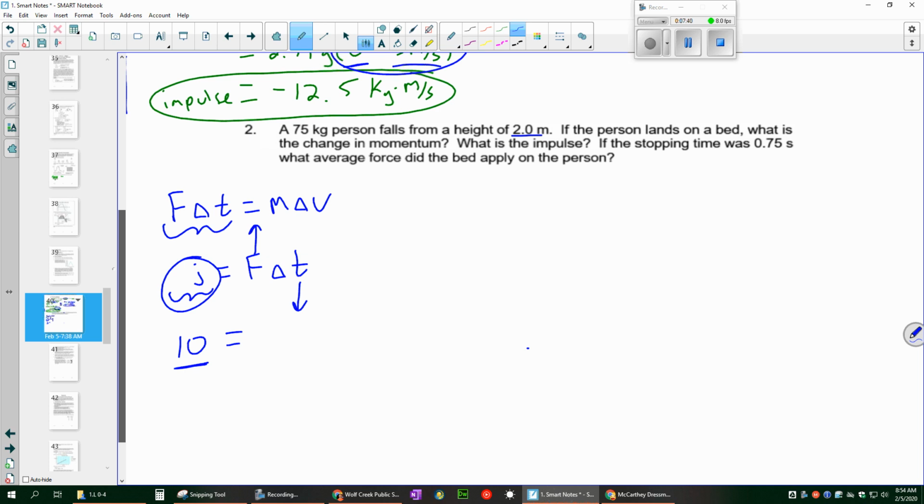If the other was true, so J is equal to force times change in time, and we had a very big time, what's going to happen to your force? That's going to have to be a very small force. Which of these two situations would you rather be in? Less force. That one, right?